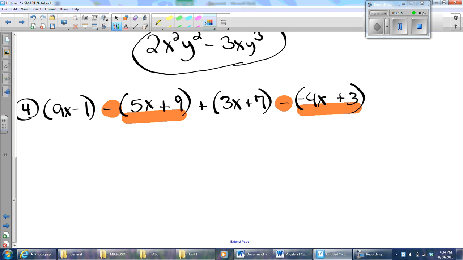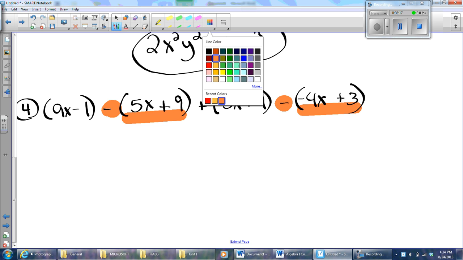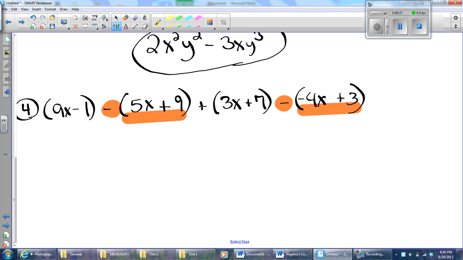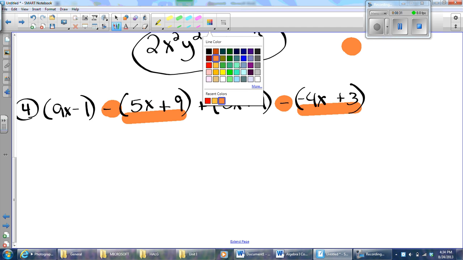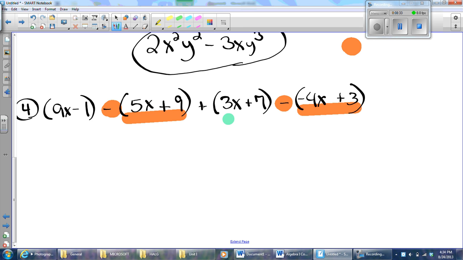You know, somebody might be wondering, should I be distributing that negative here to this quantity? No, that's a positive, sorry. Let me get rid of that. I thought I had switched colors, but so there we go. So this is a positive quantity. I don't want to distribute. Multiply through by 1 won't change anything. So I'm not going to distribute on that one.